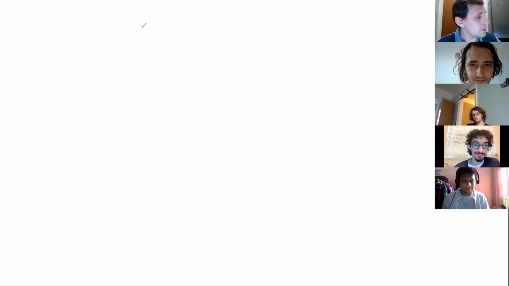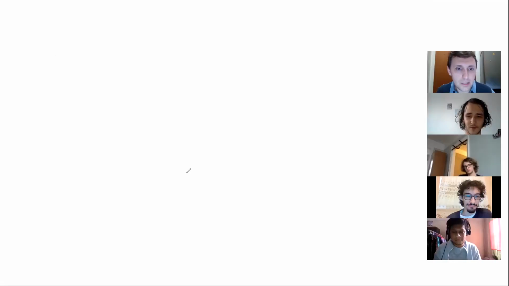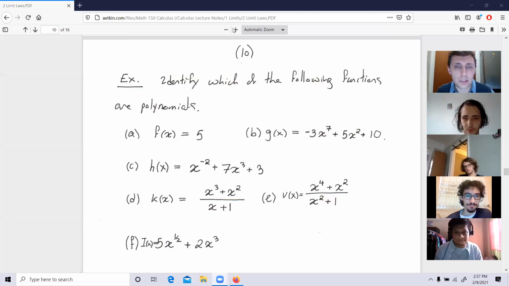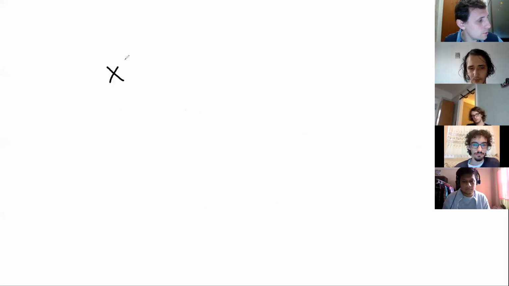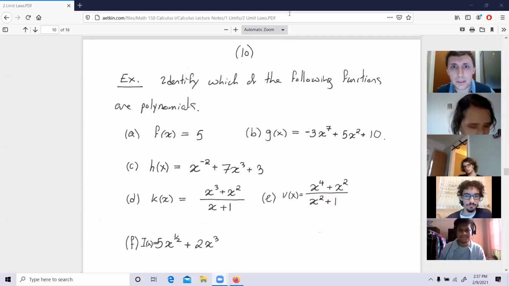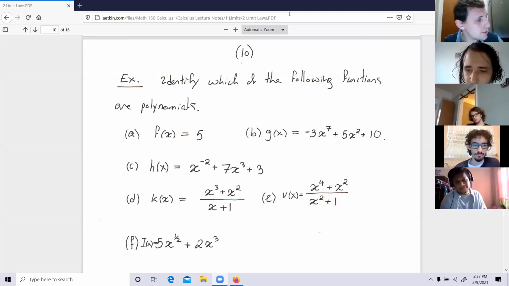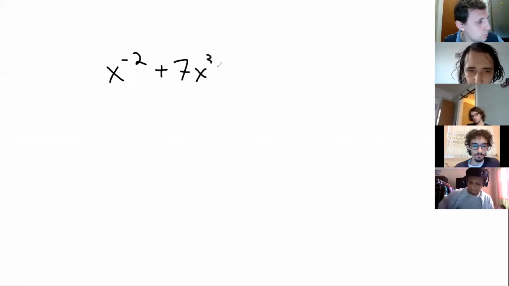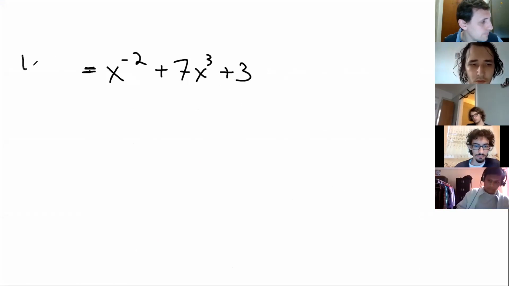So here is the function, right? I forgot what it is already. What was it? It was x to the -2 plus 7x cubed plus 3. My memory is like that of a goldfish. Plus 7x cubed, that's right, plus 3. And this is my function h of x.